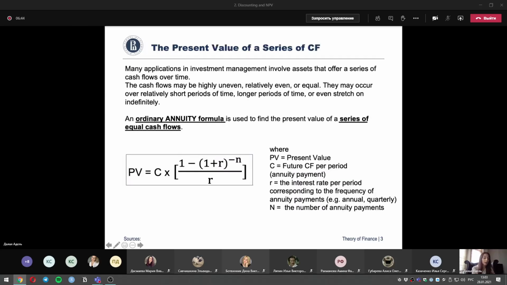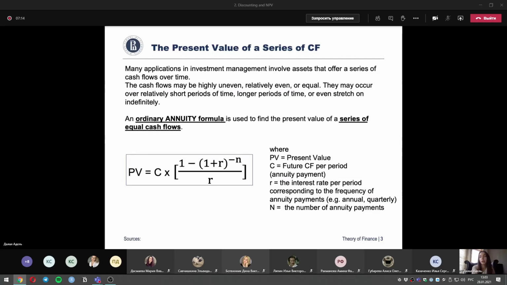Okay, so today, as I already mentioned, one of the applications of discounting involves evaluation of assets. Basically, the main application of discounting is evaluation of assets, both financial assets and non-financial assets.